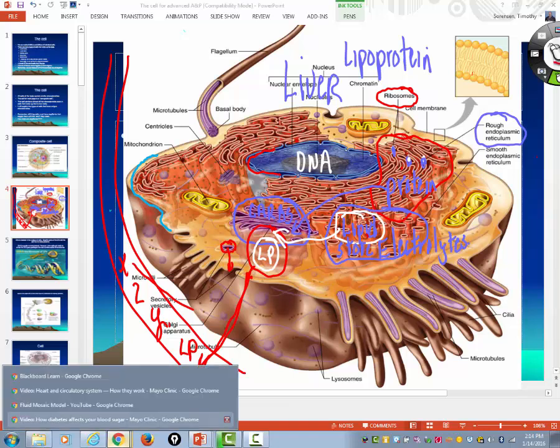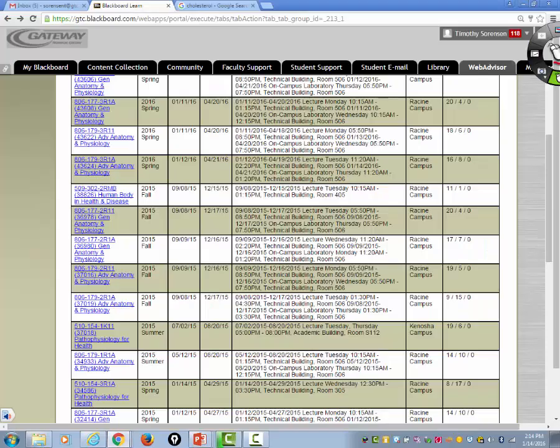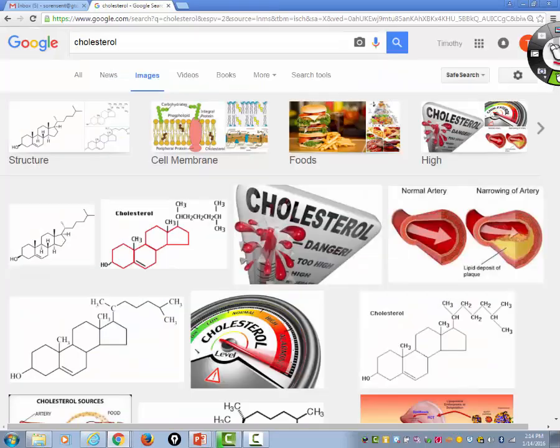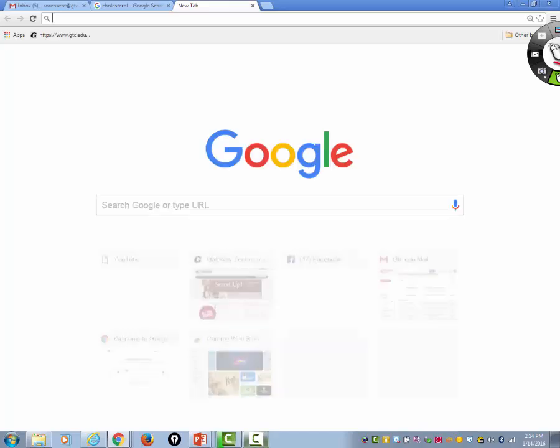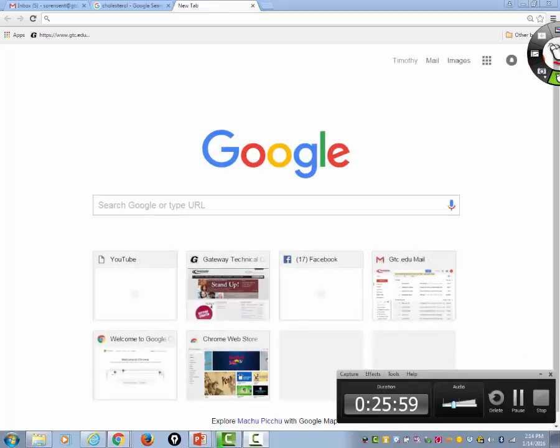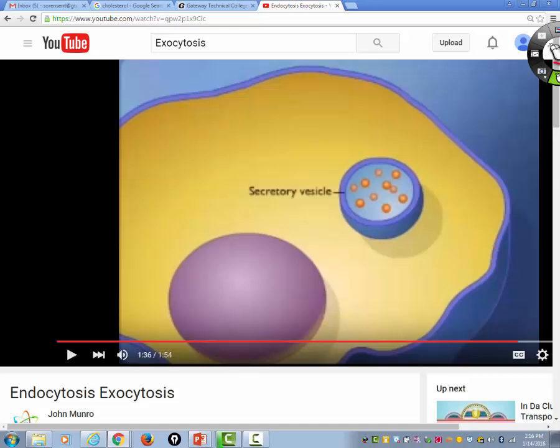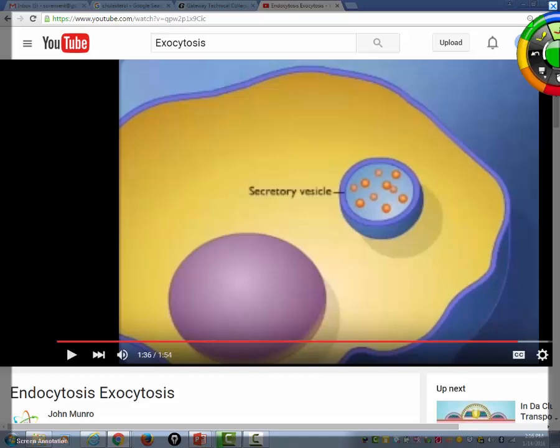Let me show you. So let me set this up for you. All right, here's the cell membrane, right? And then over here is the blood.